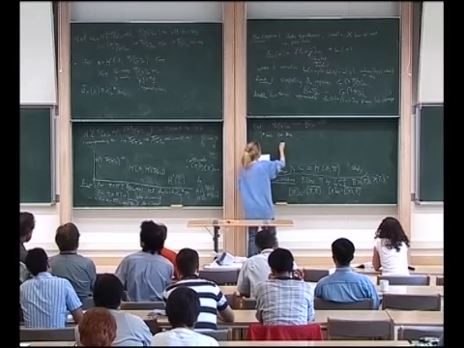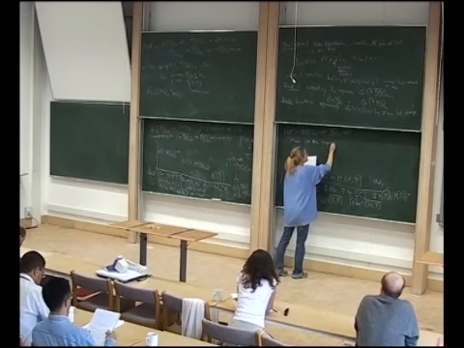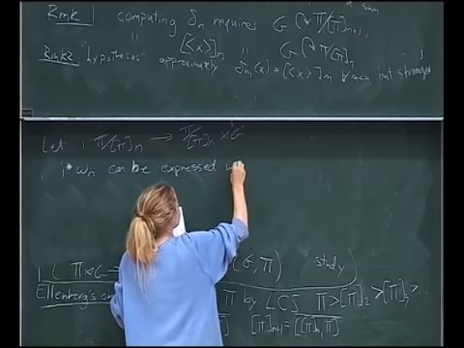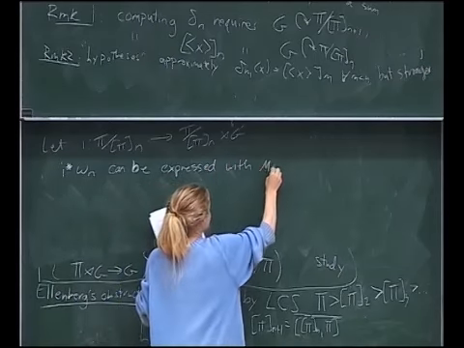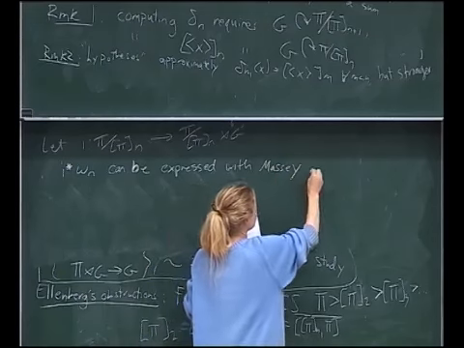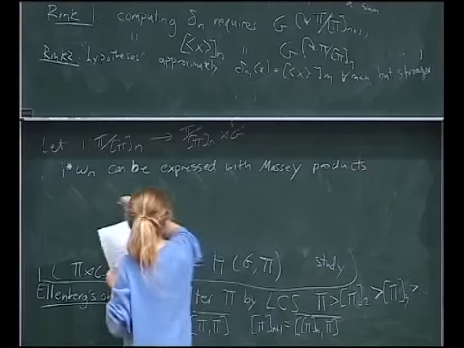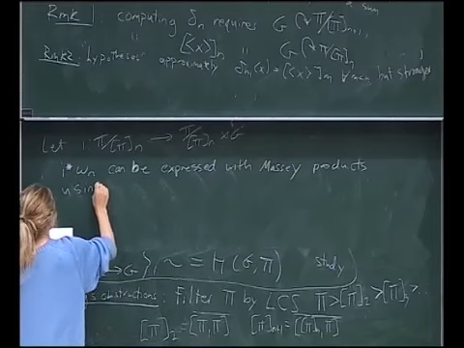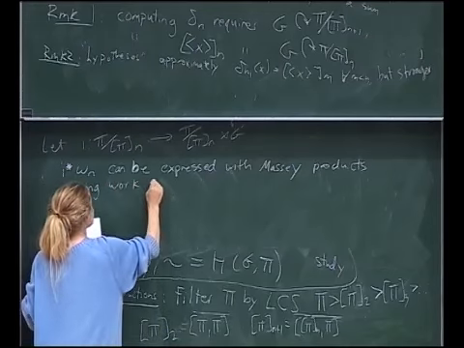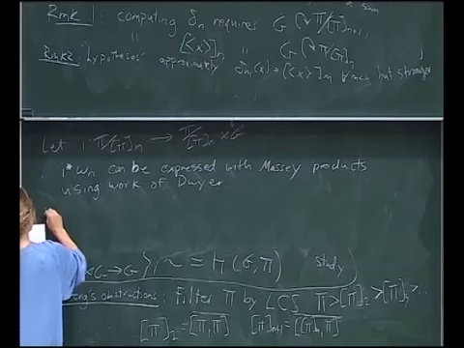So it can be expressed in terms of Massey products using work of Dwyer, because this is now independent of the action. So I star omega n can be expressed with ordinary Massey products, none of these extra commutators sticking out in front, by work of Dwyer.